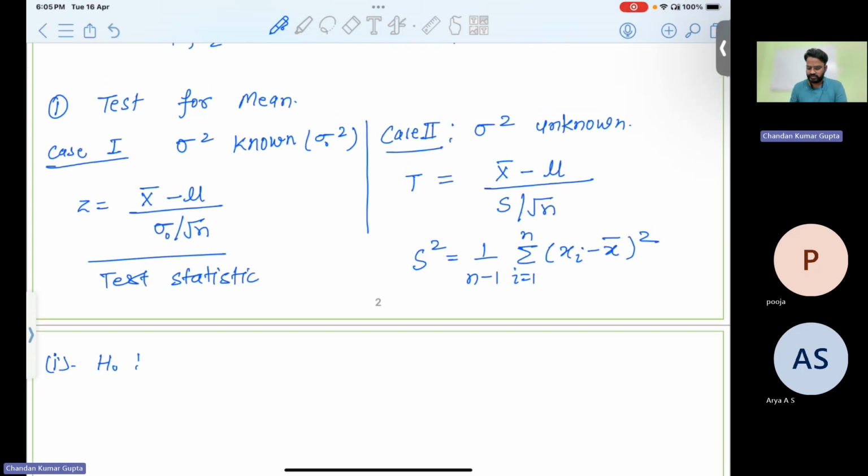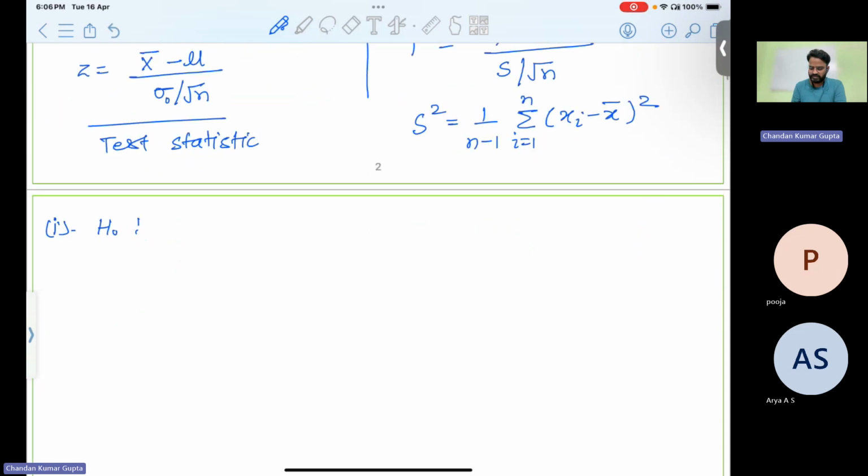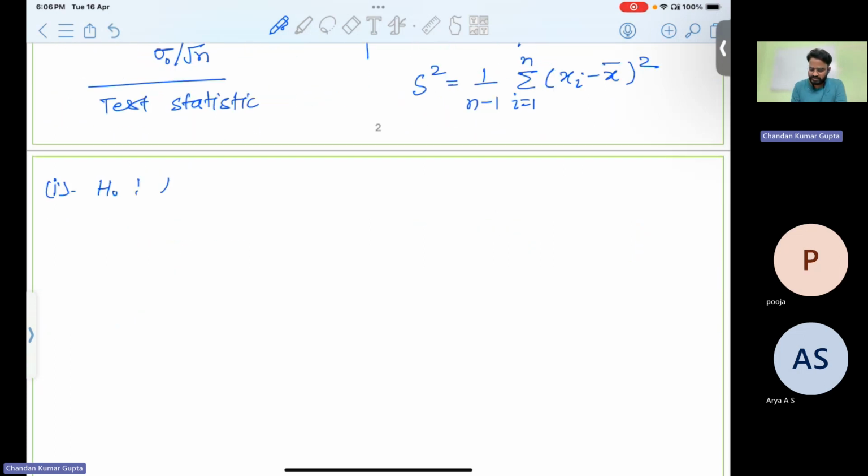In this particular case, testing for mean, our hypothesis will be H naught: mu is less than or equal to mu naught, or we say equal to mu naught. Both have similar meaning or a similar test, against H1: mu is greater than mu naught.